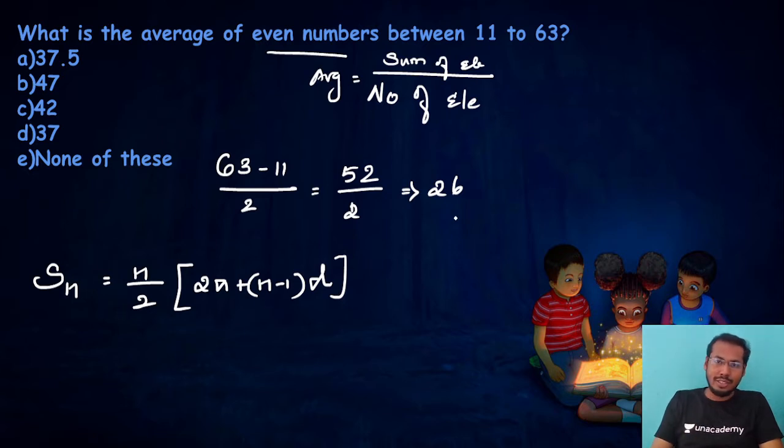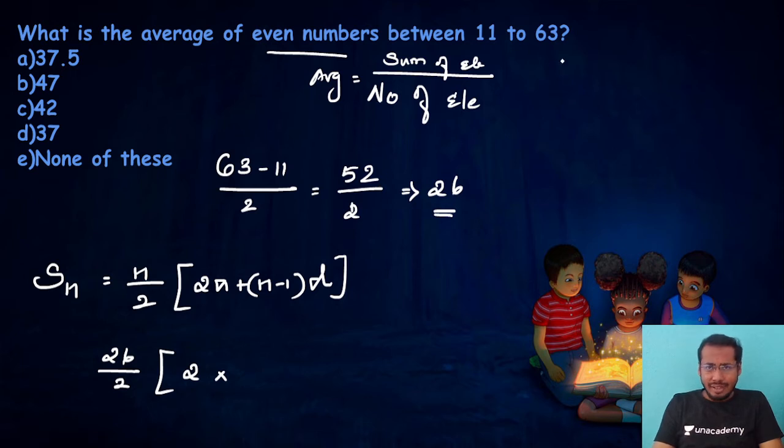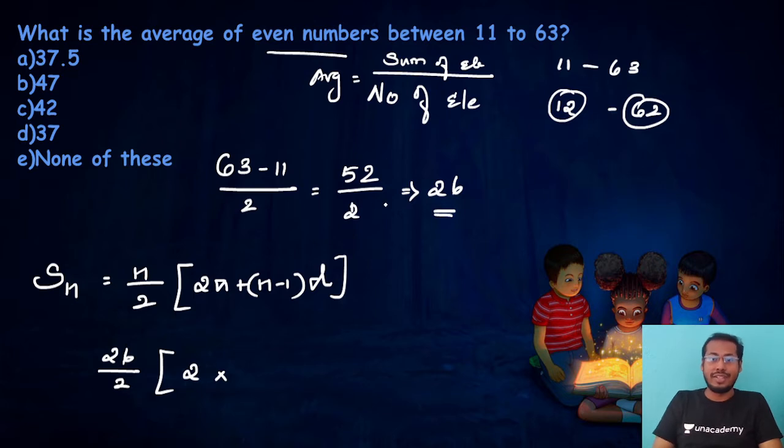So we know that n is 26. Just substitute here: 26 divided by 2 into 2 into a. From 11 to 63 are the numbers, but even numbers mean it starts from 12. 12 is an even number and it ends at 62, correct? So 12 to 62. First number is 12.